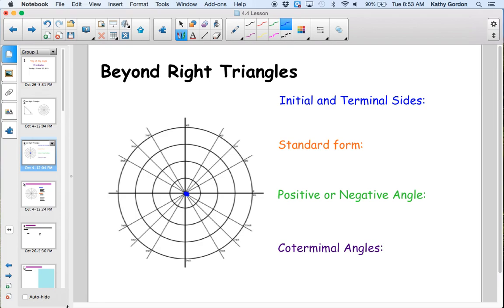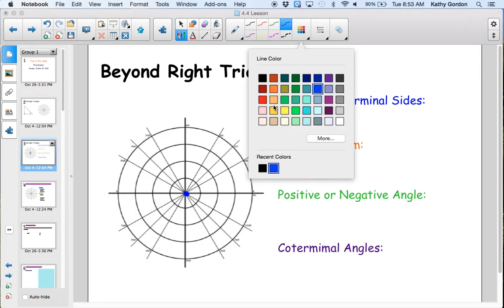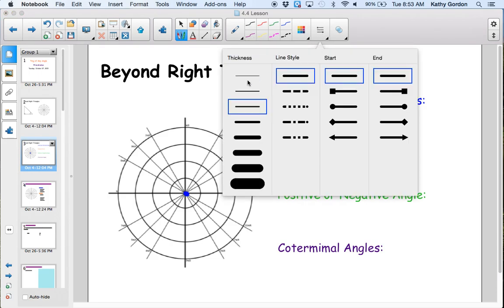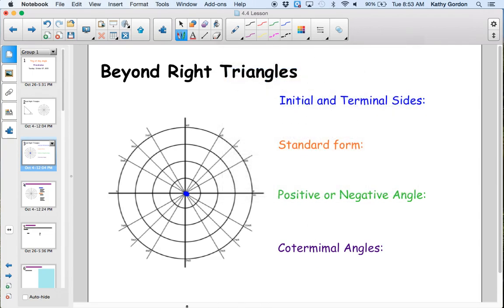And what that means is that if our angle is in standard form, the initial side is on the positive x-axis.